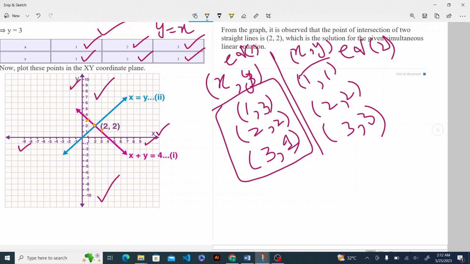3 1. Okay, and now for the second equation, x is equal to y, our points were 1 1, 2 2, 3 3. X will always be equal to y. So when x will be 1, y will be 1. See here, this is the blue line.